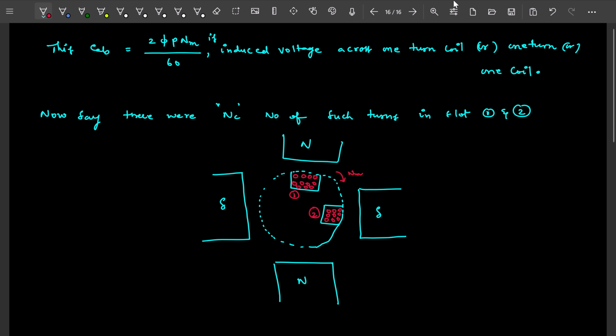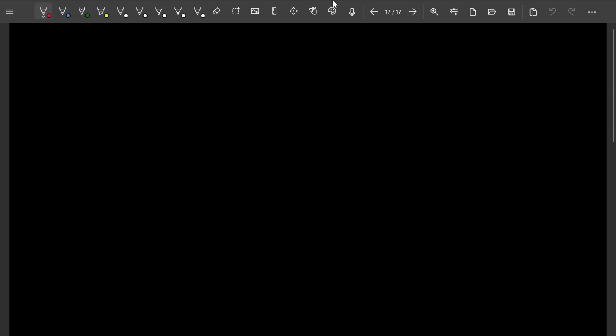Now what it was saying is all these NC turns are connected in series.